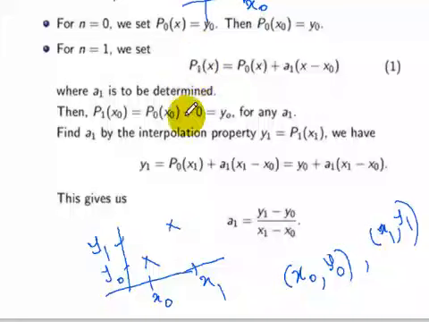We know that this polynomial evaluated at x0 should be equal to y0. When you substitute x0 into this one, we should get y0. So this is my p1 of x. I define this polynomial using my previous polynomial, p sub 0 of x.